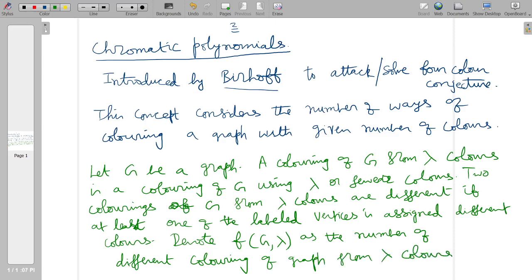So the different types of coloring can be evaluated using the chromatic polynomial.